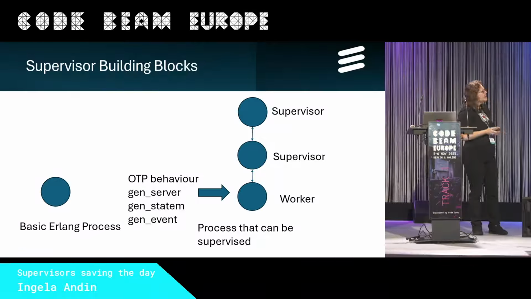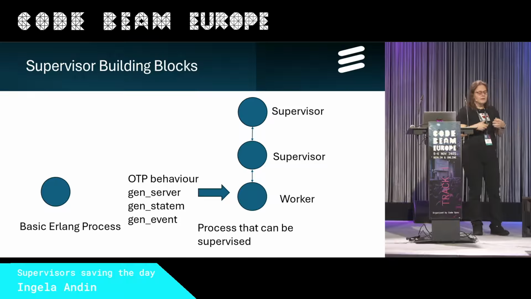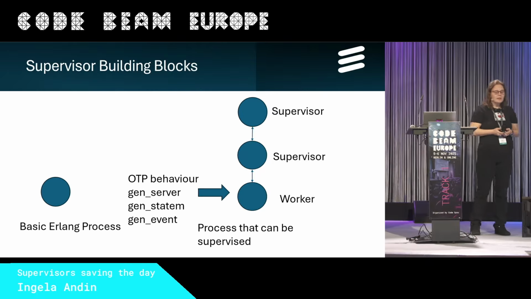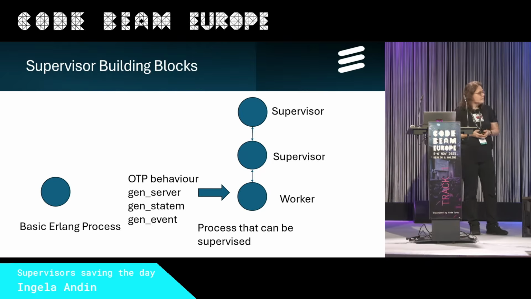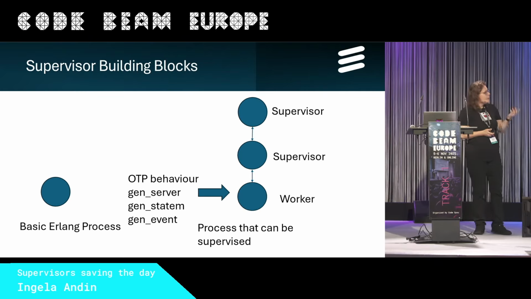And if you have a more complicated process that needs to implement a state machine, we have the gen statem behavior. And we also have the gen event behavior that's targeted on dispatch processes.